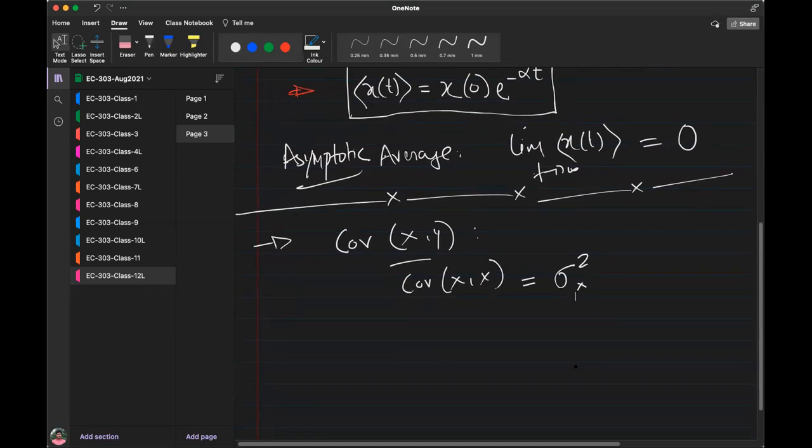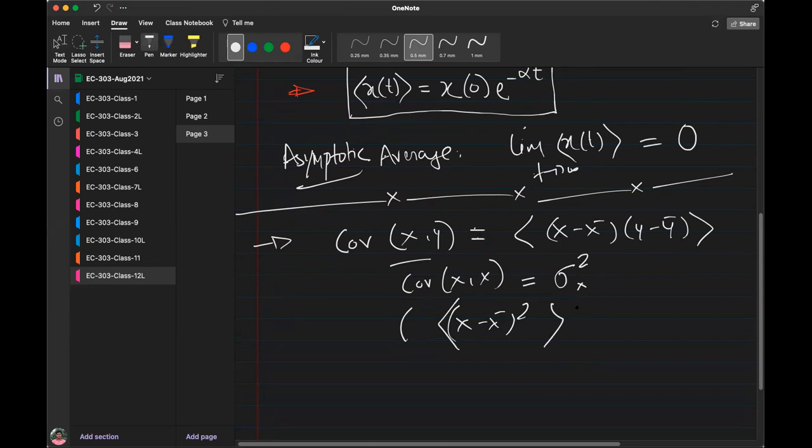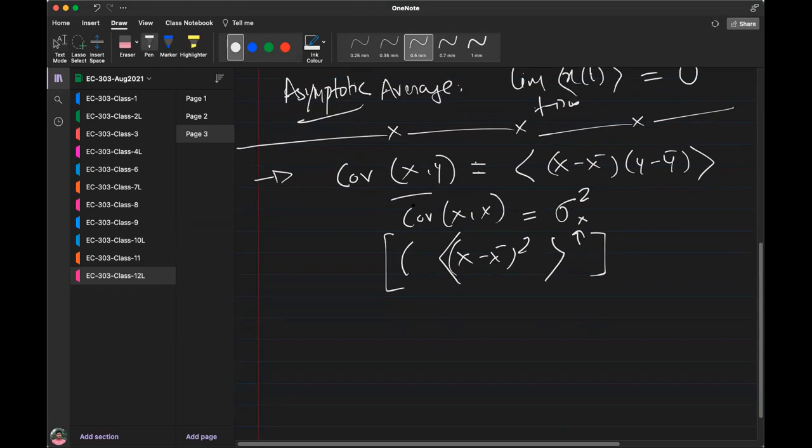Do all of you agree with this? Because covariance is the average of (x minus x bar) times (y minus y bar). If I now set y also equal to x, the right hand side becomes the average of (x minus x bar) whole squared, which is nothing but the variance. So if we calculate covariance for the same variable, we get the variance.